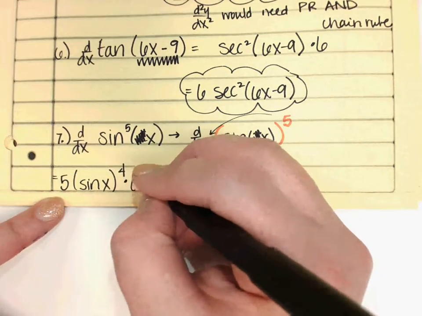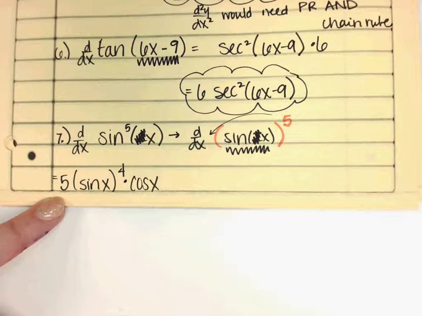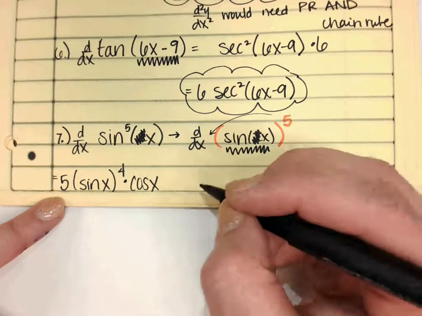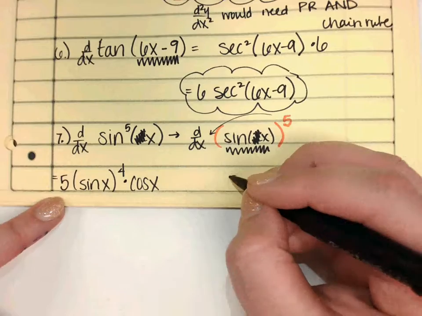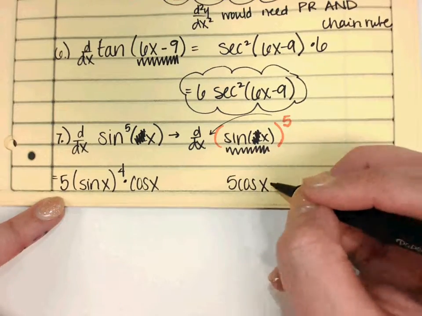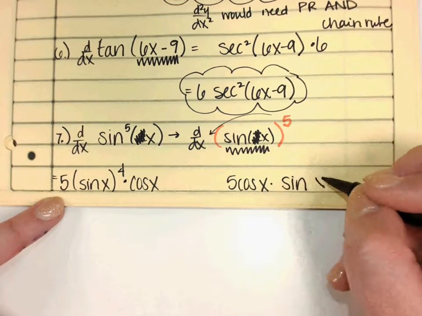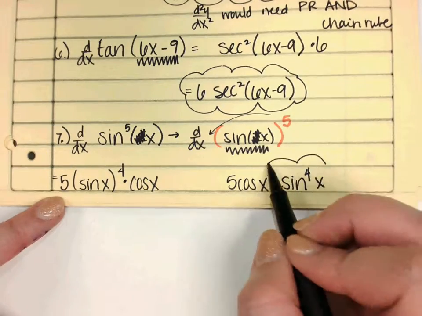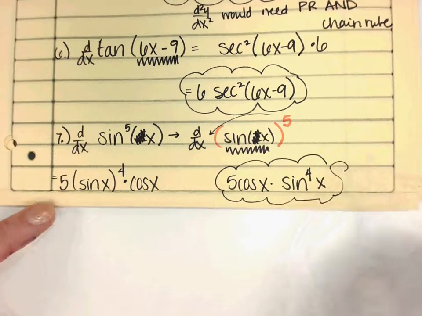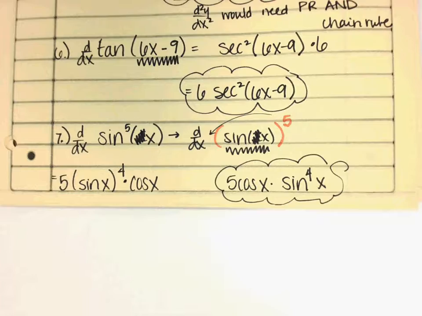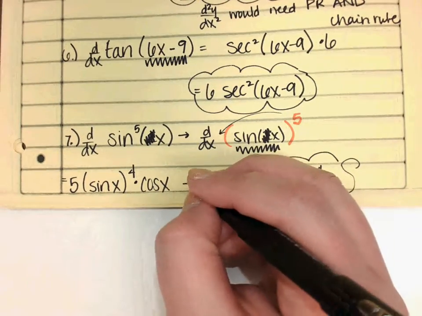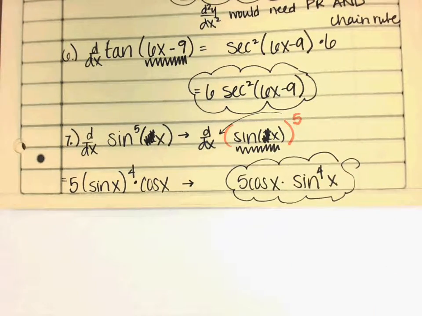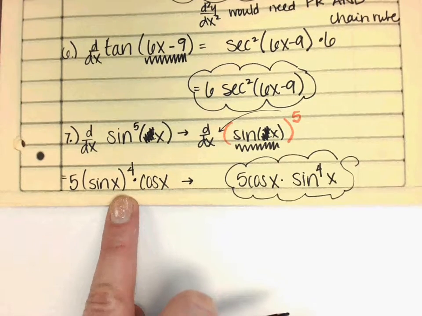Cosine x. Now, how might I rewrite that? 5 cosine x, sine x with the 4 tucked in. That's how they would write it. But keep in mind that this is already right. It's just written a little bit differently.